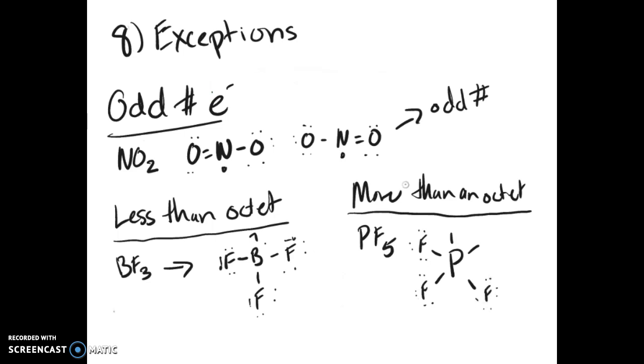It will break up to have 5 bonds, even though it technically will say it only needs 4. You have to be able to get all 5 fluorines on the table.